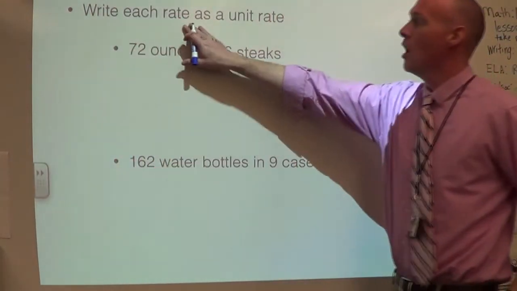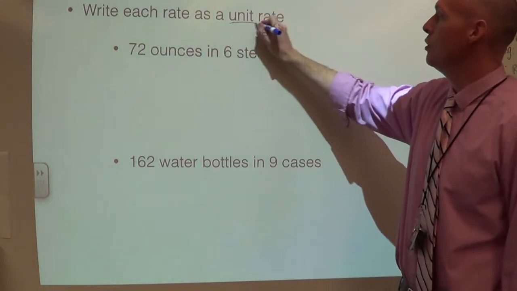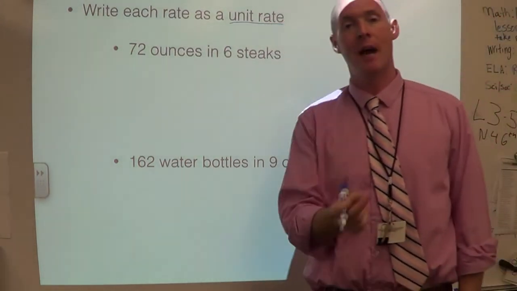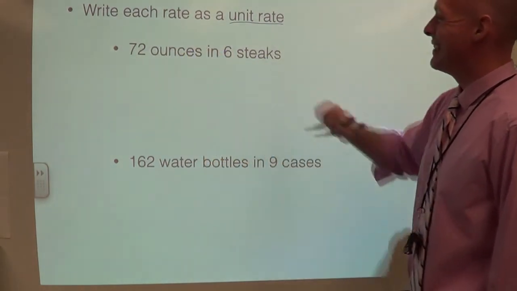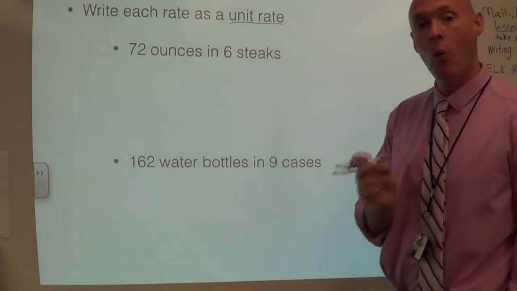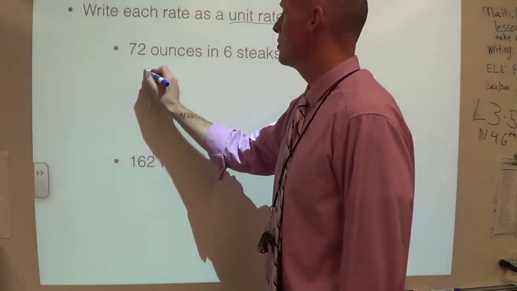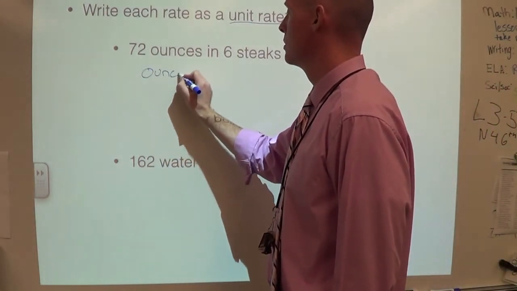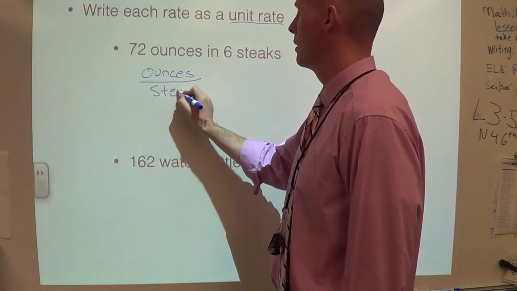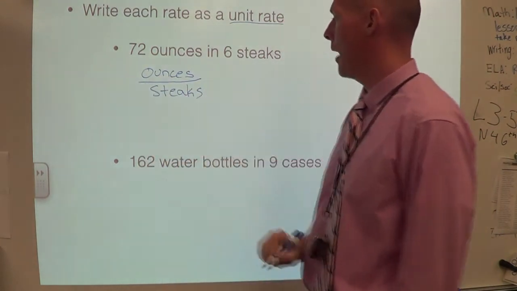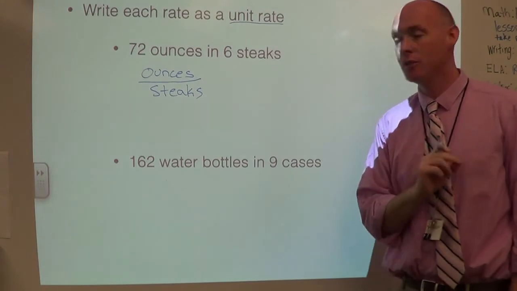Okay, so let's look. Write each rate as a unit rate. So remember, we're going to have our denominator being 1. 72 ounces in 6 steaks. So what are we comparing? We're comparing ounces to steaks. Okay, so let's now substitute with numbers.